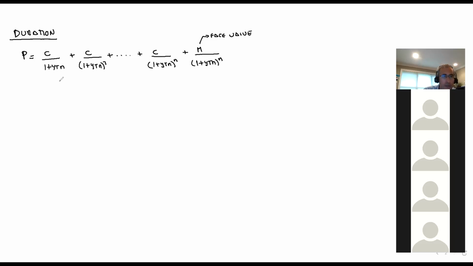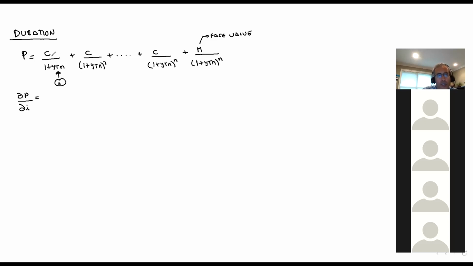Now, what is interesting, guys? Instead of yield to maturity, I will use I, just to make it faster. Now, what I want to know is the sensitivity of my price to changes in interest. I will take the first derivative of P with respect to I. Do you remember your rules of derivatives, guys?